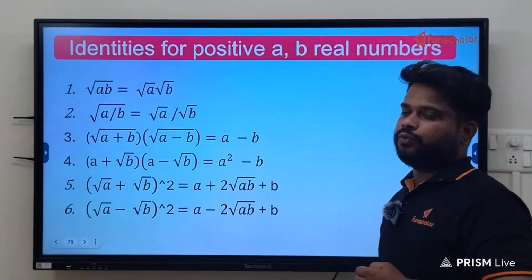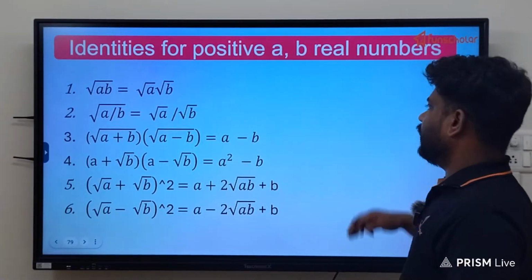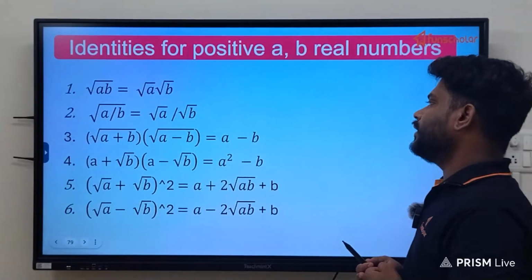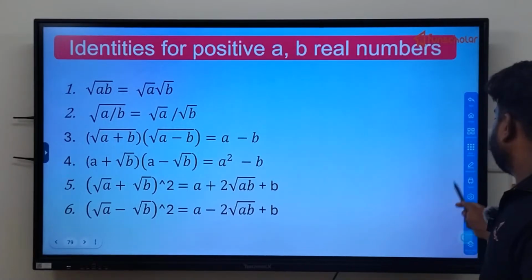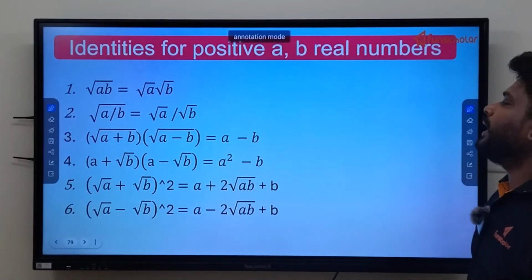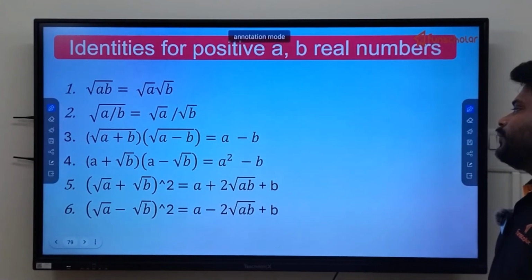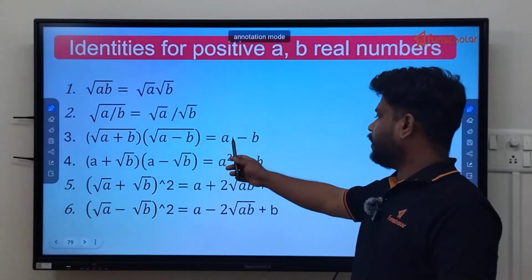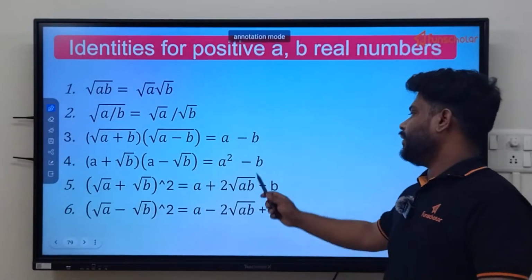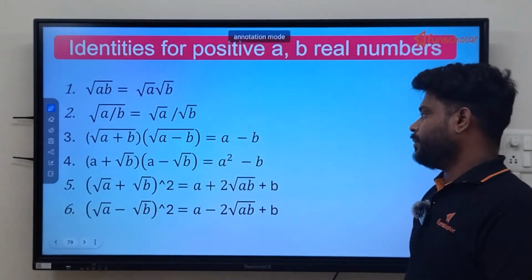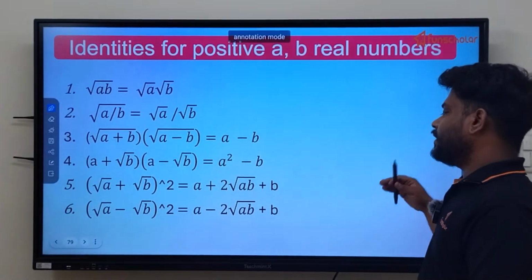These are just some formulas so that we can calculate further. Root over AB will be considered as root over A times root over B. Root over A by B will be root over A by root over B. Root over A plus root over B into root over A minus root over B will give us A minus B. Also, a plus root b times a minus root b is the simple formula a square minus b square, and there is a formula for root a plus root b whole square.